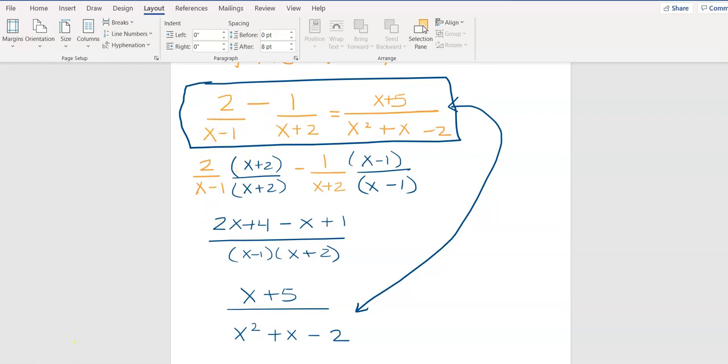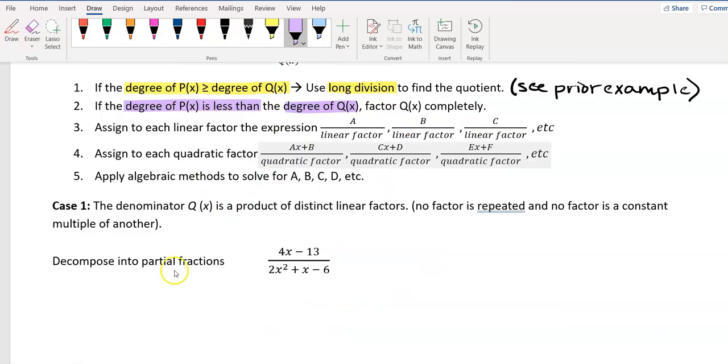So that's what we're going to be doing. So let's do it. In this case 1, this is an example of when the denominator Q(x) is a product of distinct linear factors.